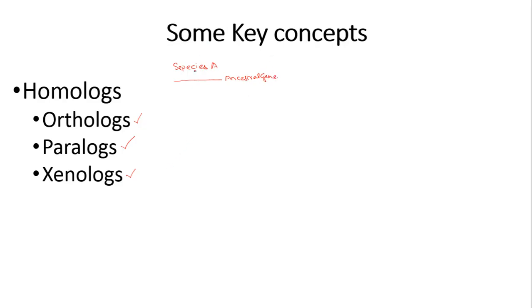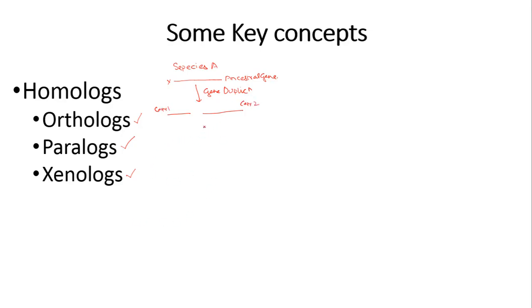Now in this species, sometimes genetic events like gene duplication happen. What are the results of gene duplication? Say any gene X, if it is duplicated, you would have two copies of the same gene X. We would call them copy 1 and copy 2.